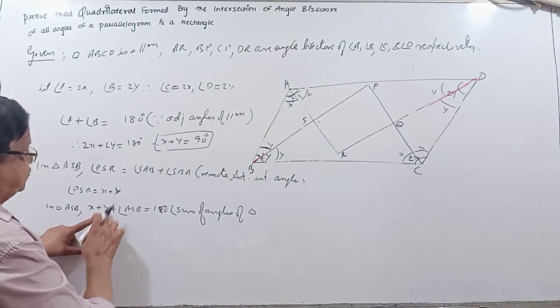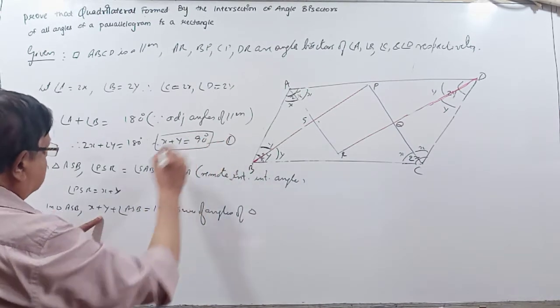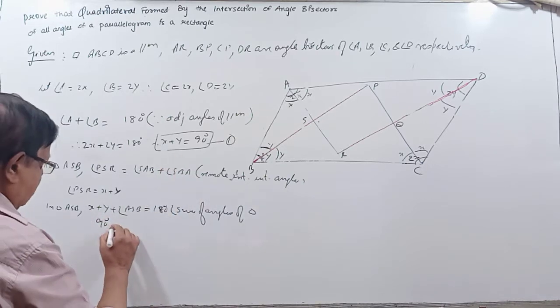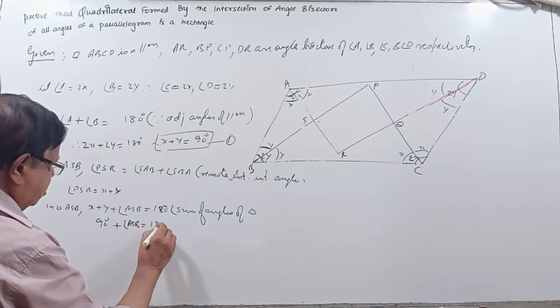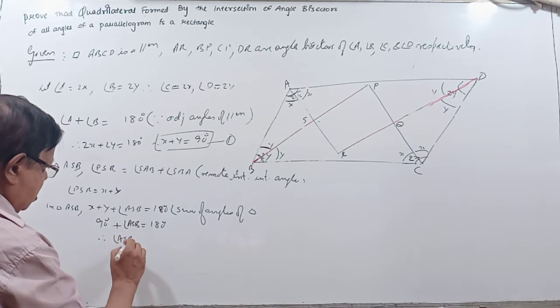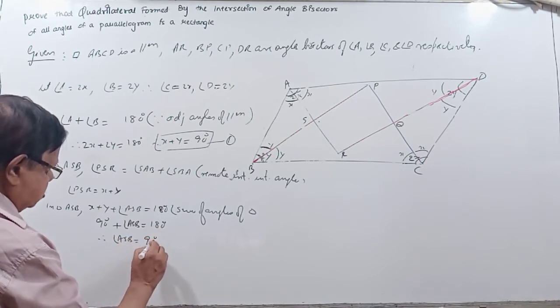From 1, x plus y equals 90 degrees, which we have already proved, plus angle ASB equals 180. Therefore, angle ASB equals 180 minus 90, which is 90 degrees.